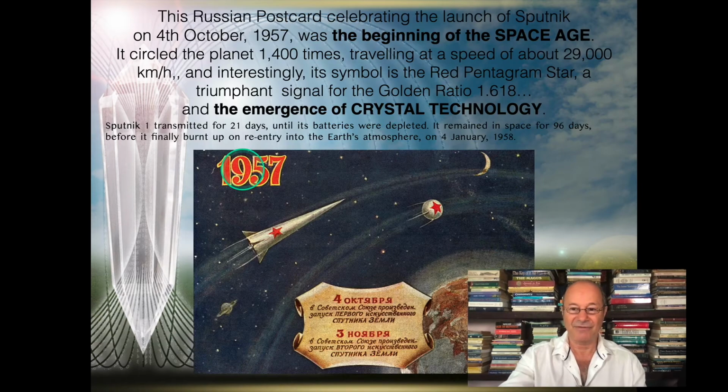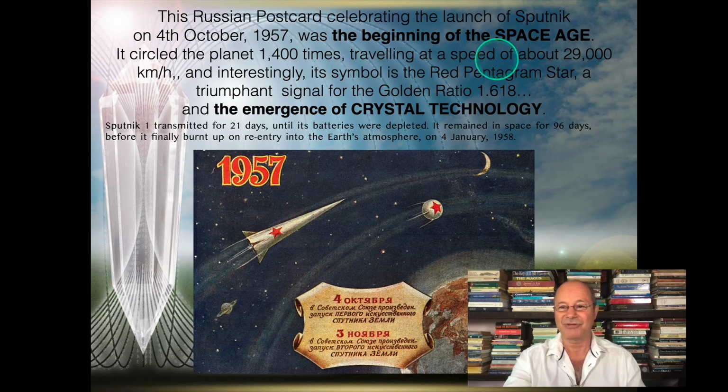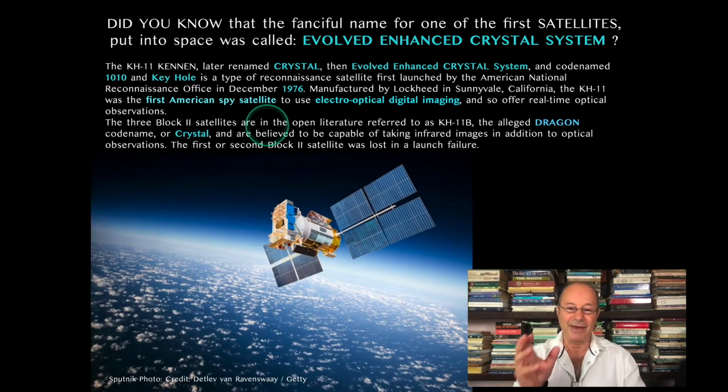I have another photo of it here, and it went around the Earth 1,400 times, traveling at speeds of 29,000. And then they did more experiments where they put the first dog in space. But this was the emergence of crystal technology. And what's interesting is that by the late 1970s or 1980s, the first satellites that were put in space were called the Crystal.